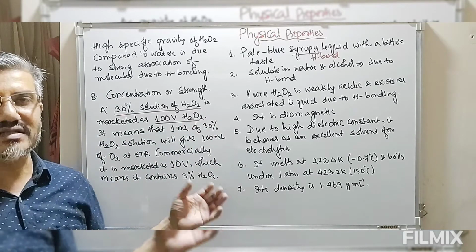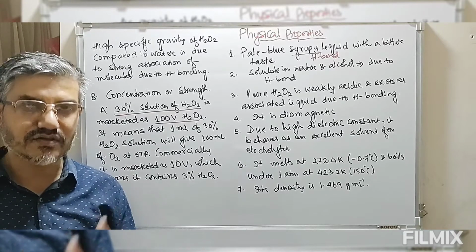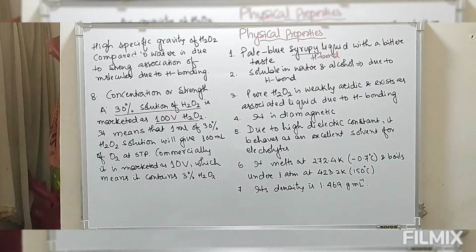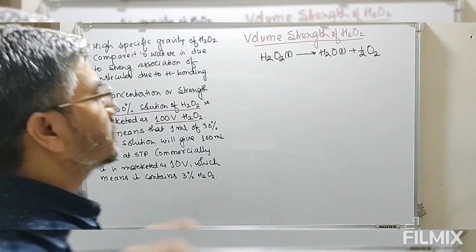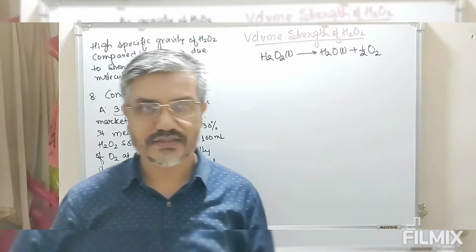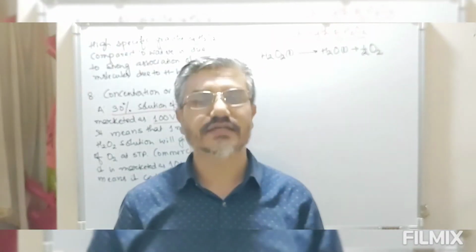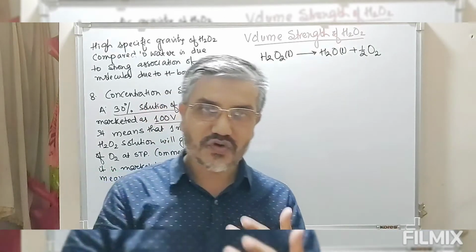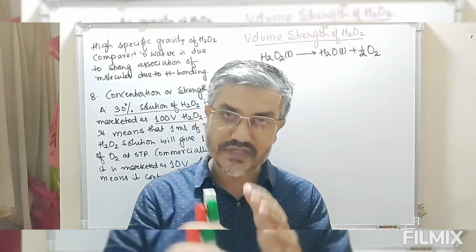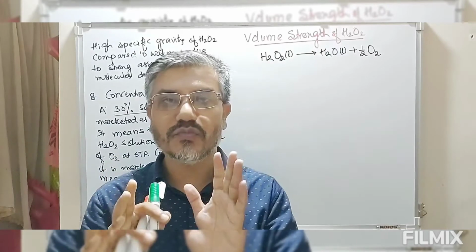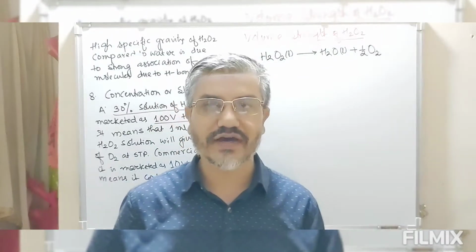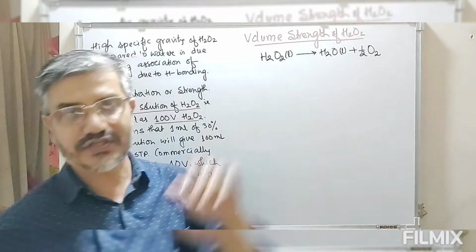Now, we'll define this strength in terms of another quantity which is known as the volume strength. The volume strength of hydrogen peroxide is defined as the volumes of oxygen gas produced at STP from 1 volume unit of hydrogen peroxide according to this reaction.